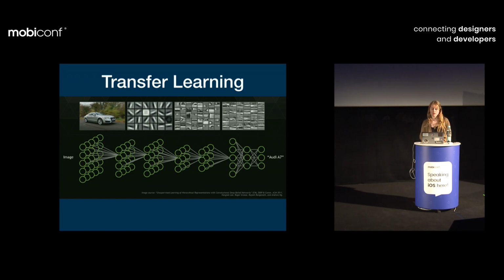This example is for a car, and so this original car image would be transformed into its pixel representation. And then it's passed through each of these layers, and those layers act as a transformation on the input matrix. At the end, you have an output, and this is a probability distribution of what it thinks the input image was.